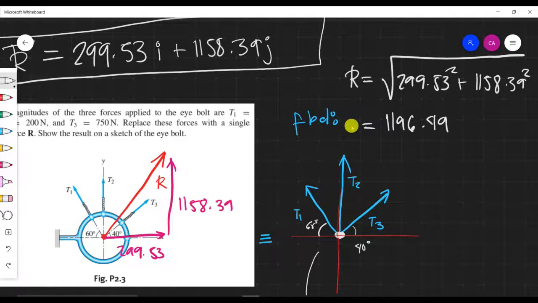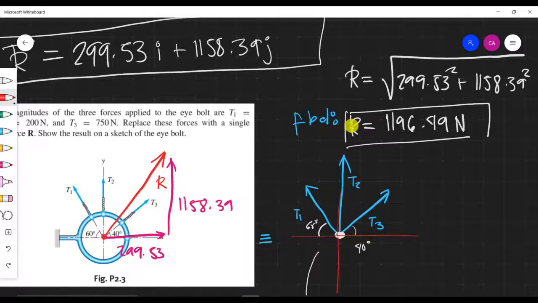Since lahat sila Newton, so Newton. So this is the magnitude of R. So ibig sabihin nun, yung ating vector R is equals to 1196.49 Newtons. Okay? So ganyan siya.